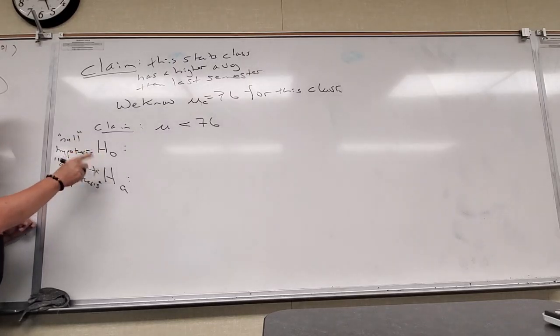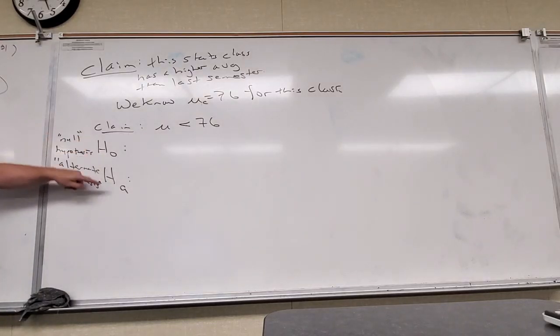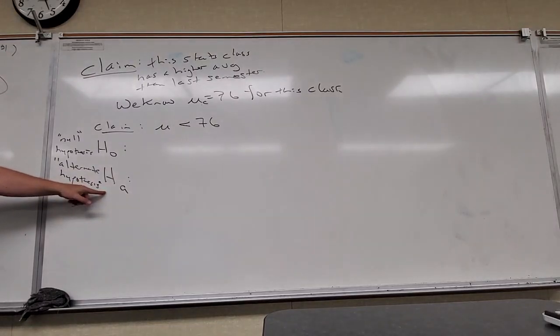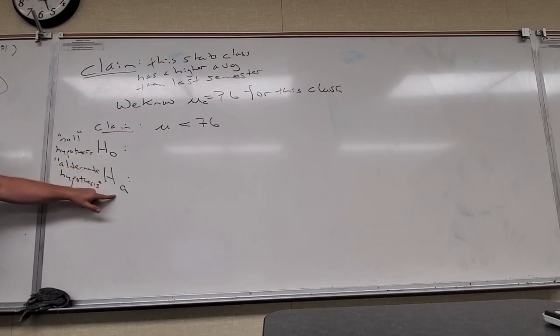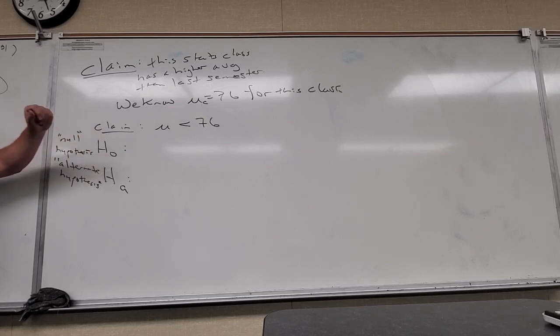I will affectionately be calling these the Ho's and the Ha's. This is the null hypothesis, this is the alternate hypothesis, but just to refer to them quickly, the Ho and the Ha. So anytime somebody makes a claim, somebody could hold the opposite thought.